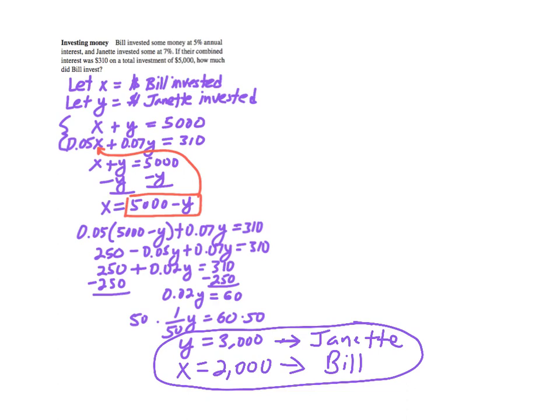Oh, so it asks about Bill, since it asks how much did Bill invest, this is what we wanted, this one right here. So that's what I really should have circled there. Okay.